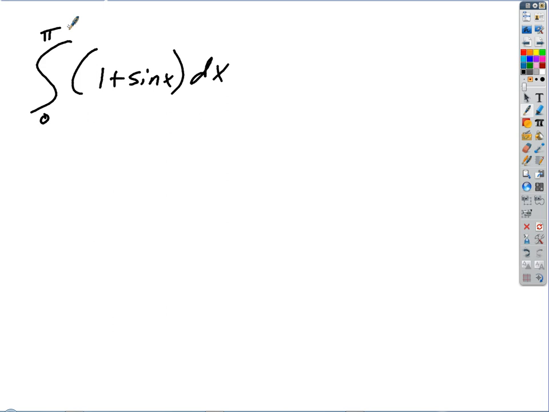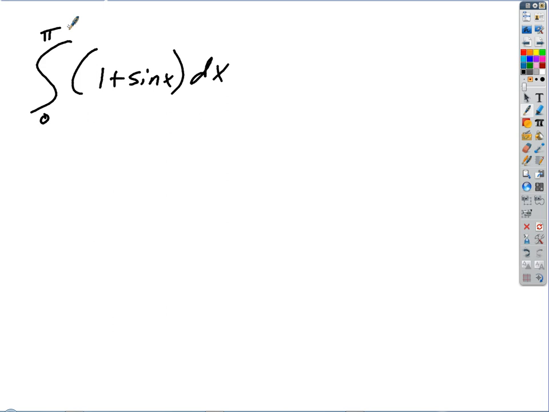Okay, so what's that asking us to find there? What does that mean in terms of the graph? It's the area under the curve 1 plus sine x, on the interval where x runs from 0 up to pi. That's the part where we want that area, right?